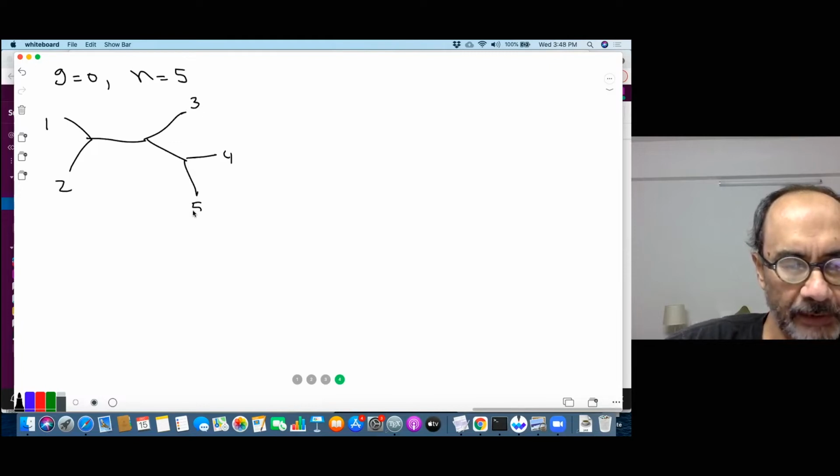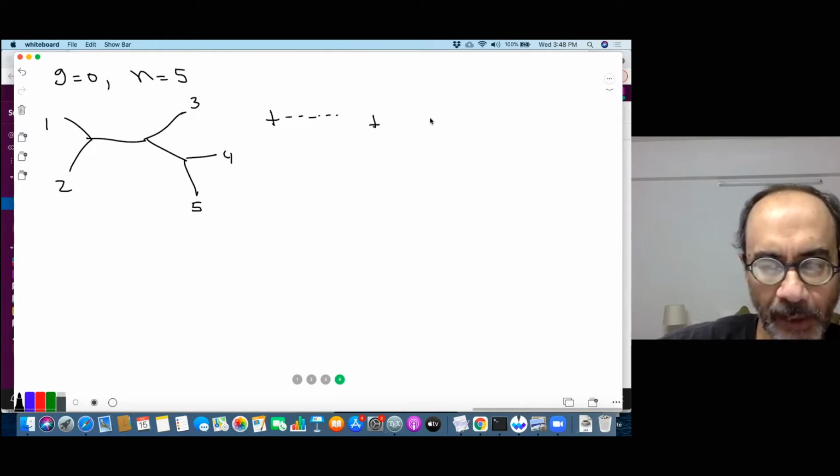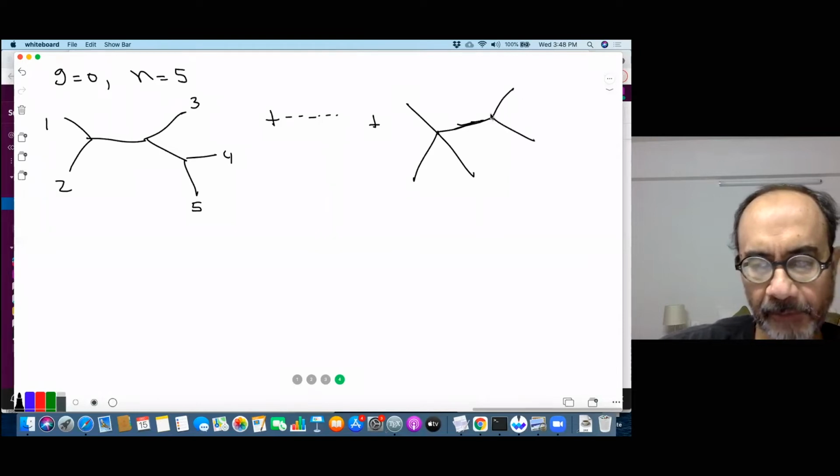Because you have already constructed a 3-point function earlier, so you put them together, plus permutations, of course, plus various other diagrams of this kind. But you also have to use the 4-point vertex that you have constructed and plumbing fixture. So this is also a lower order vertex, right?